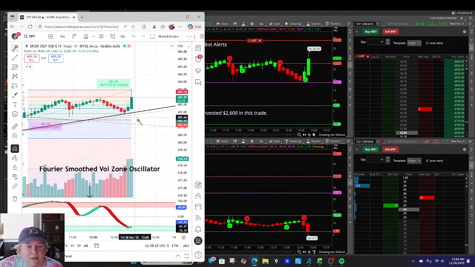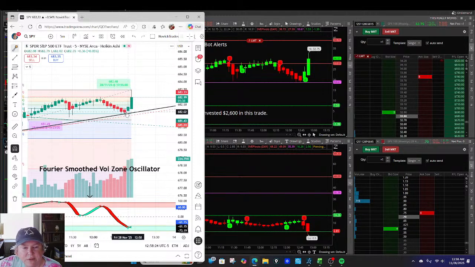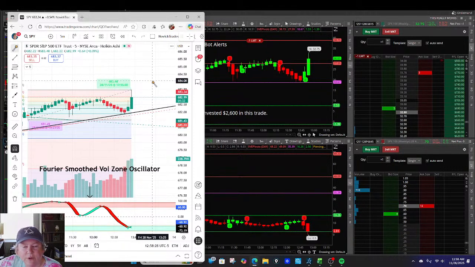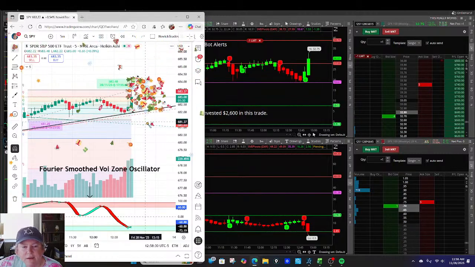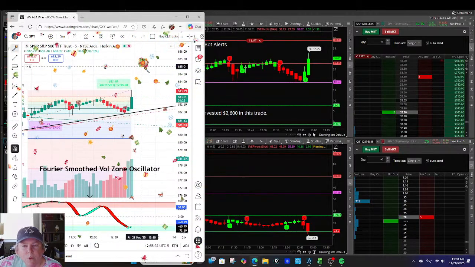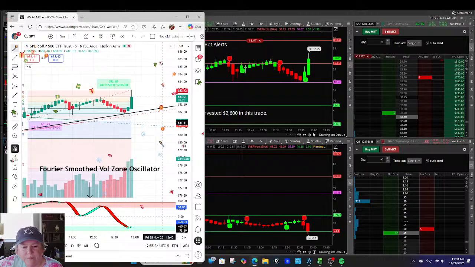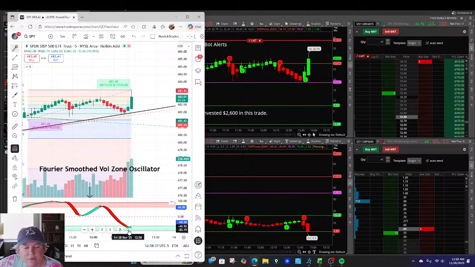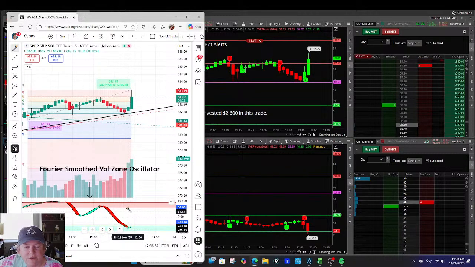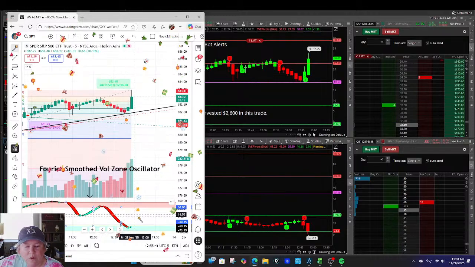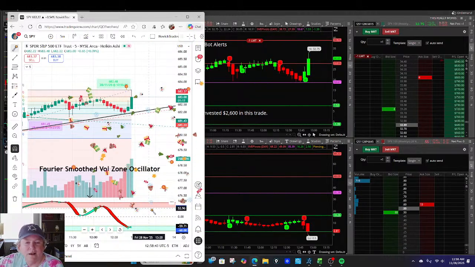Ooh, don't look at this. Got a bounce, and then this is just, look at how gigantic that green candle is. Yay! Hallelujah. This is what I've been looking for. Down here, we've got the green circle. Woo! Yay!